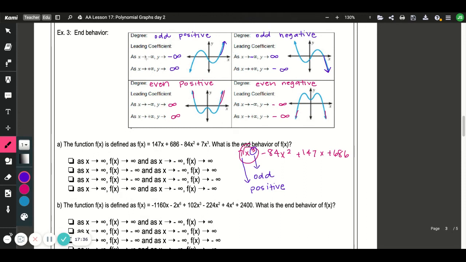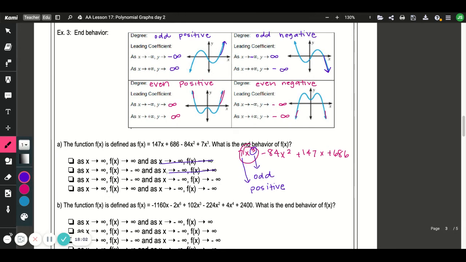So look at these. I got some typos. Okay, so as x goes to negative, y should go to negative. As x goes to negative, y goes to positive. That doesn't work. As x goes to negative, y goes to positive. Nope, that doesn't work.